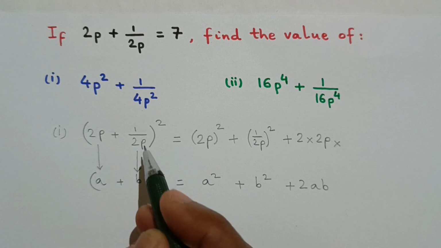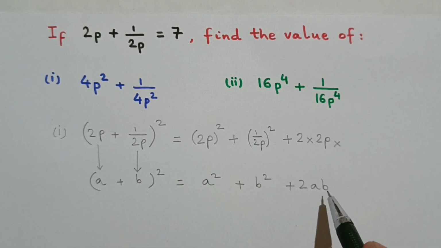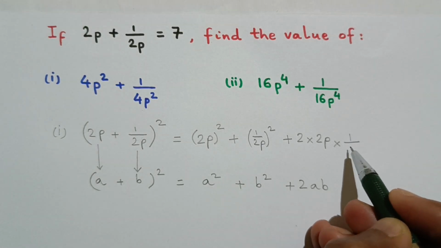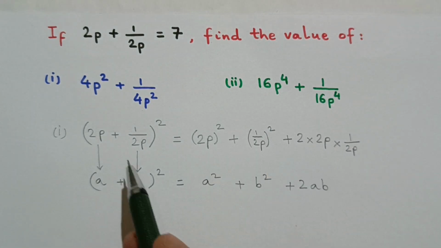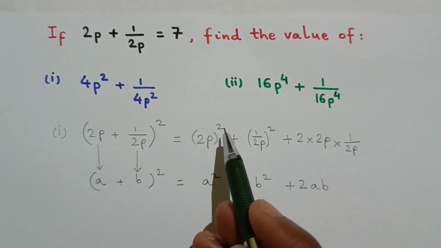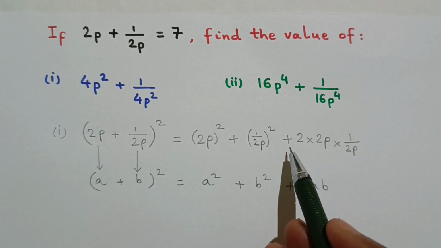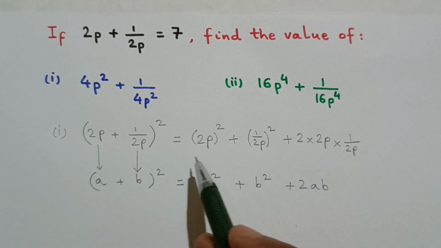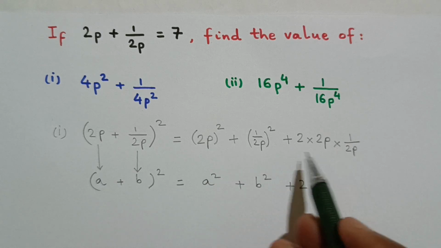Instead of b, I will write 1 upon 2p. So this is what I get: 2p plus 1 upon 2p whole square is 2p whole square plus 1 upon 2p whole square plus 2 into 2p into 1 upon 2p. And now let us simplify this.